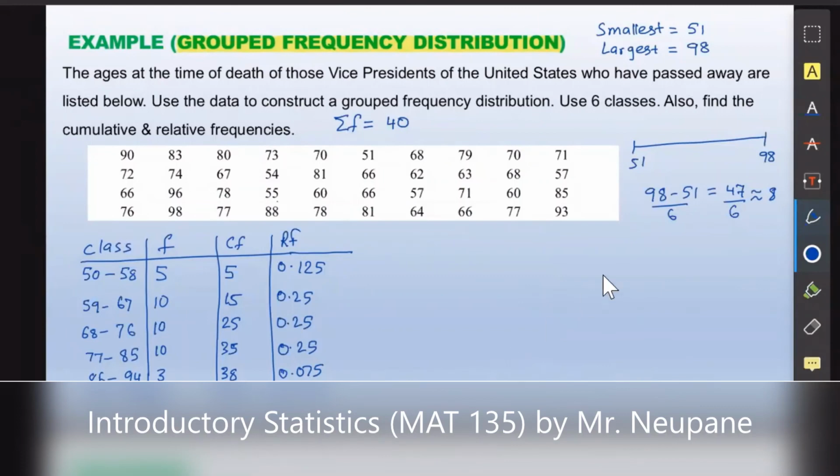But in the lecture videos that are posted under the second module, I solve the same examples, but I use Excel to create the frequency distribution. So make sure you watch those videos as well. Whichever method is easy for you, try to use that, okay?